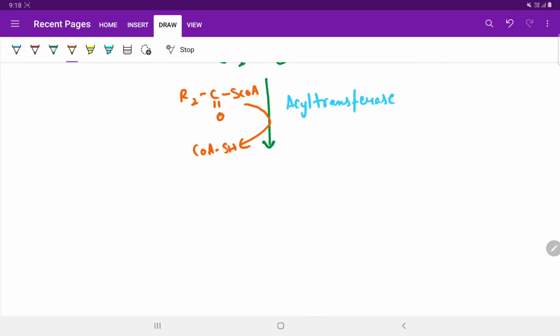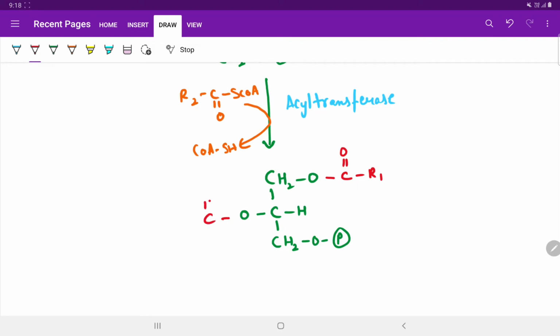Now the site of attachment will be on the second carbon. Now this is the structure for phosphatidic acid.